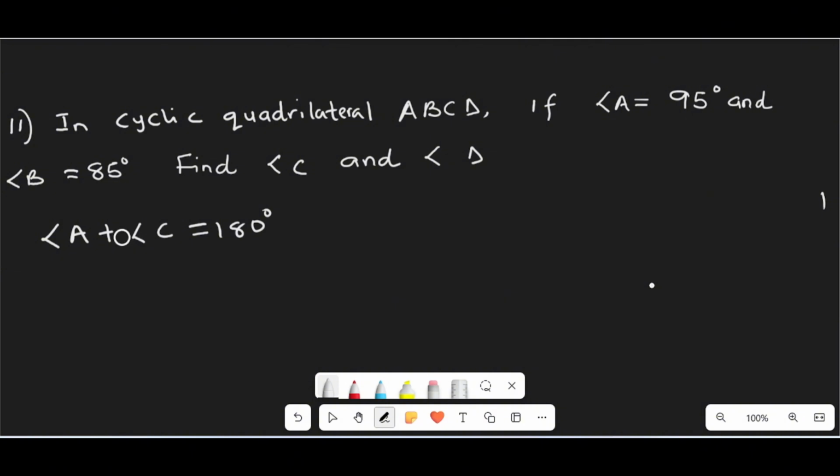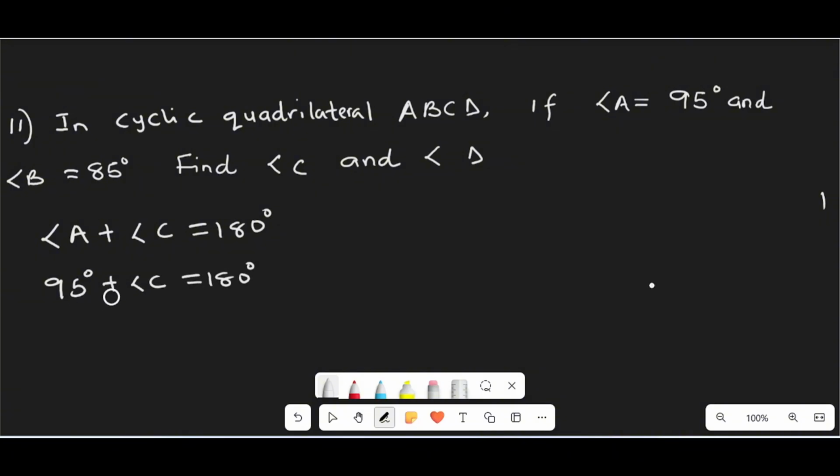And the value of our angle A is 95 degrees. Let us substitute it into this equation. 95 degrees plus angle C equals 180 degrees.